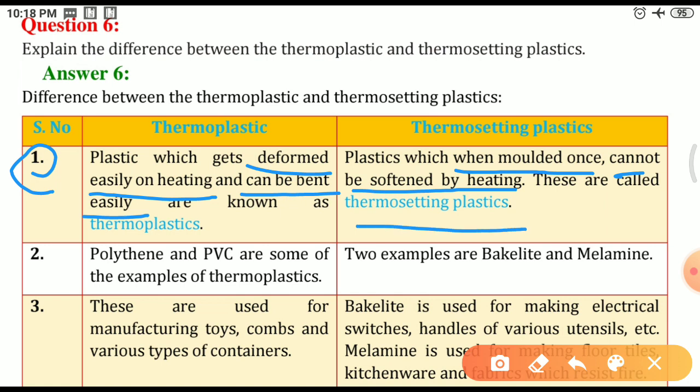Polythene and PVC are some examples of thermoplastic. And thermosetting plastic examples are bakelite and melamine.